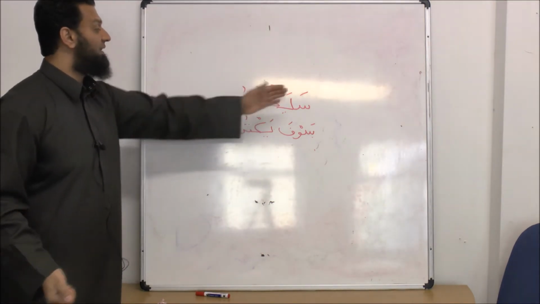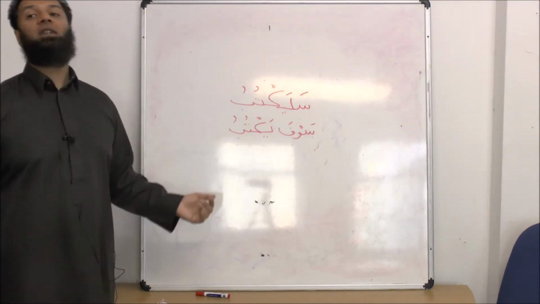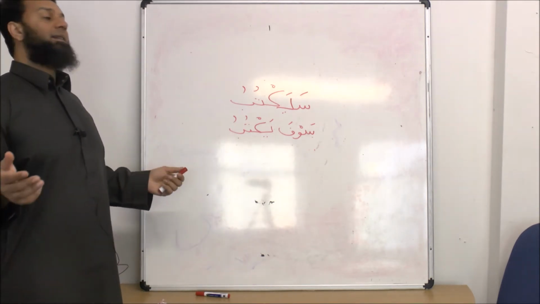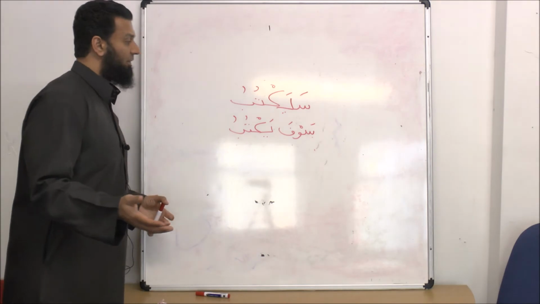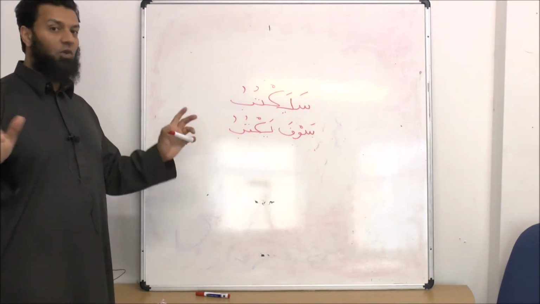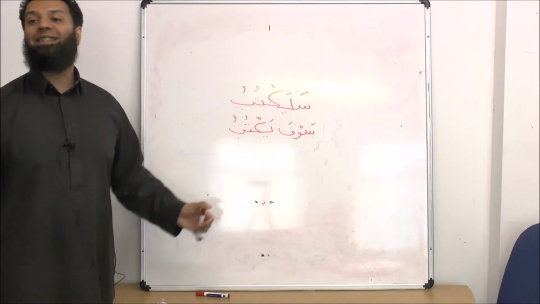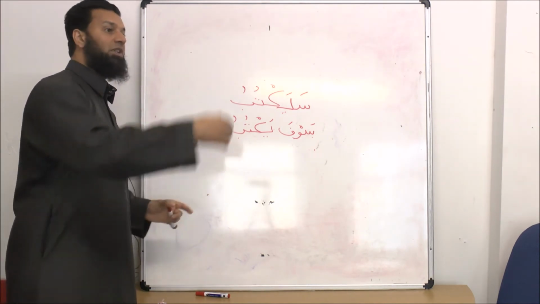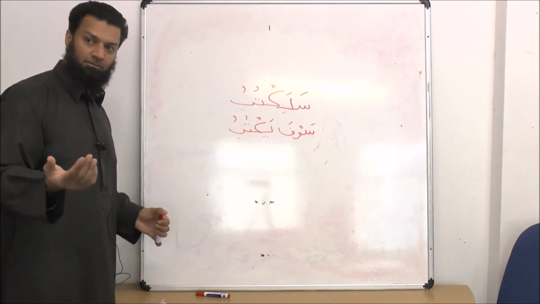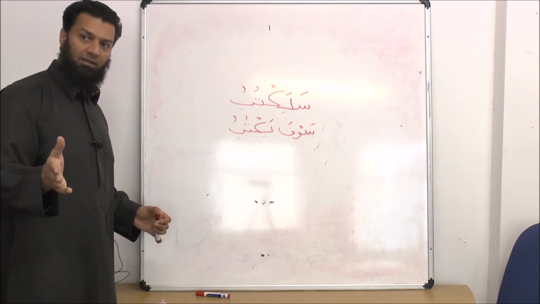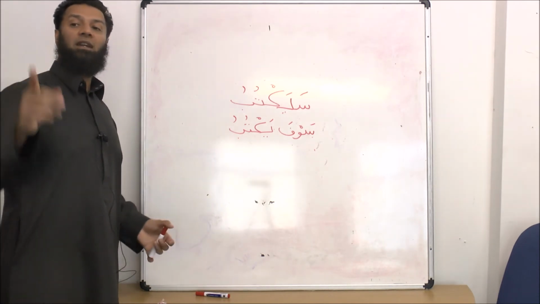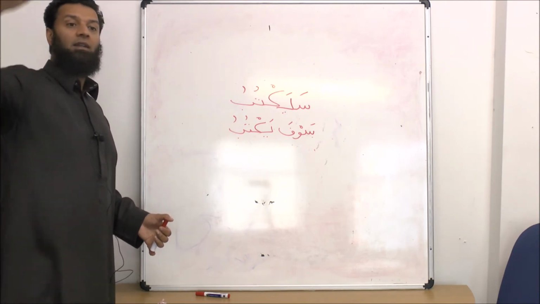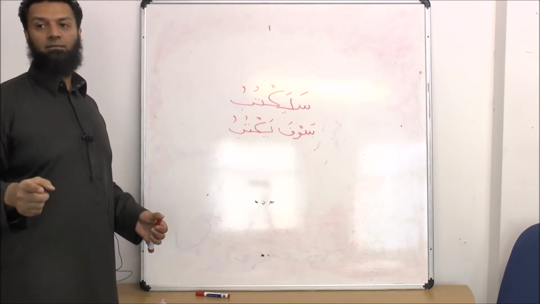So therefore, what's the difference between sayaktubu and sawfa yaktubu? The difference is that usually, and not always, usually sayaktubu refers to something which is close in the future. Okay? Whereas sawfa yaktubu relates to something in the distance.